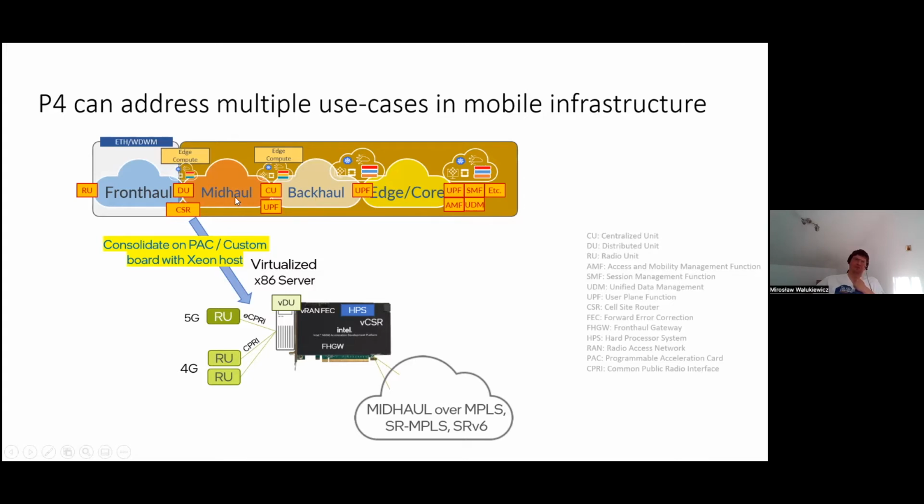We're presenting here the special use case of the base station, which was introduced by the 5G New Radio or by the ORAN specification, where the base station is divided into two parts. One part is called the DU and the second part is called the CU. The DU means the distributed unit, the CU means the centralized unit. Today, the DU part is connected very close to the radio, to the antenna.